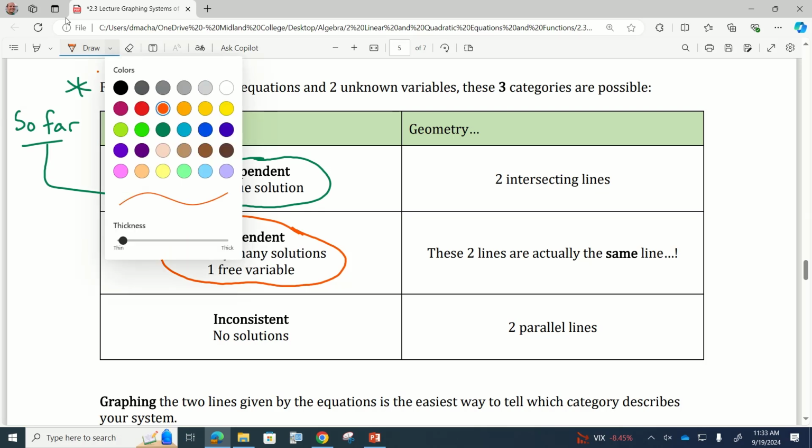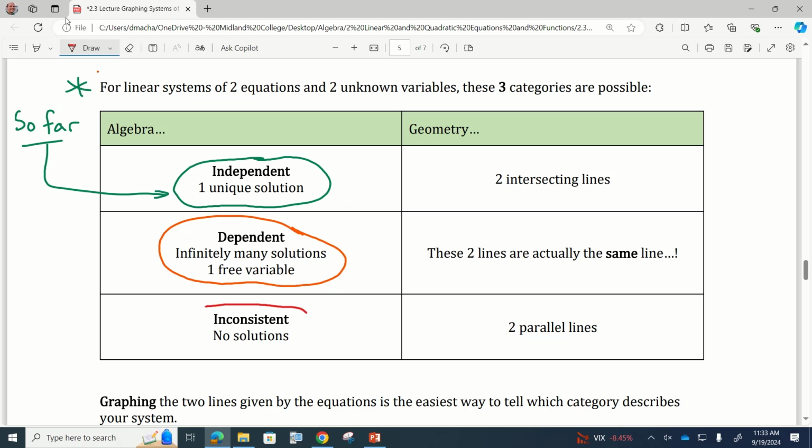But you could have independent systems, you could have dependent systems, and then the third category is called inconsistent. An inconsistent system of equations is one where there is no solution at all. Geometrically, what happens is you go to graph this, and you graph 2 lines that are parallel to each other.